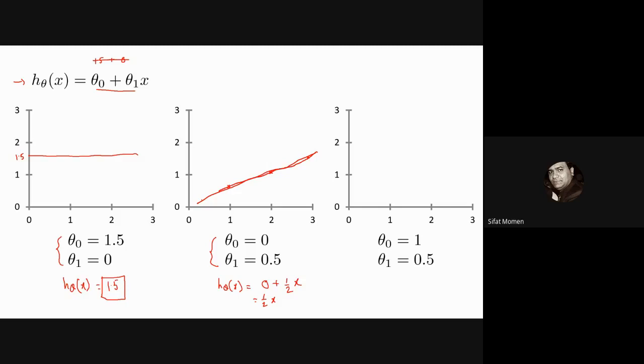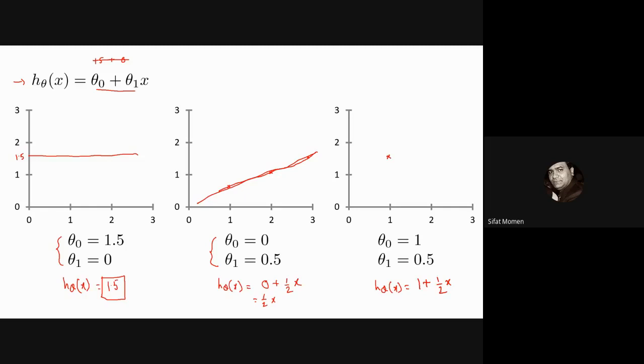Okay, what about here? If theta naught is 1 and theta 1 is 0.5, then what will my h theta x be? Theta naught is 1 plus theta 1, which is half, times x. So 1 plus half x. That means when x is 1, half of 1 is 0.5, and 0.5 plus 1 is 1.5, so somewhere here.